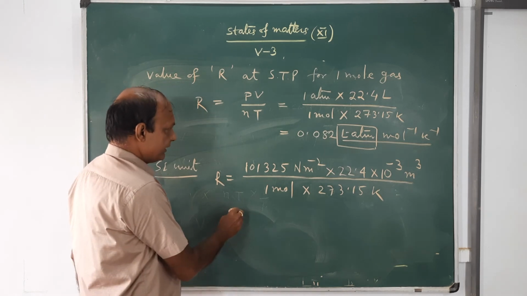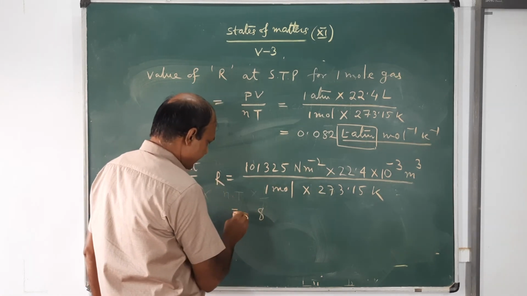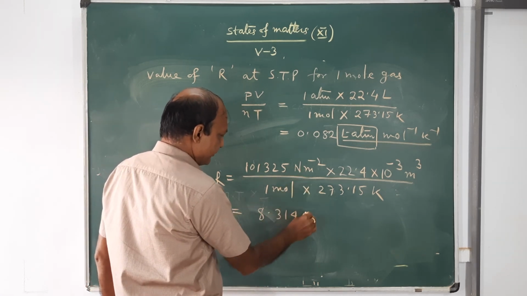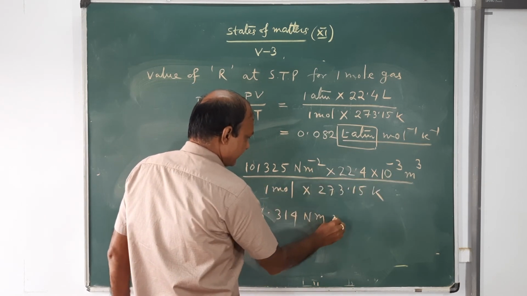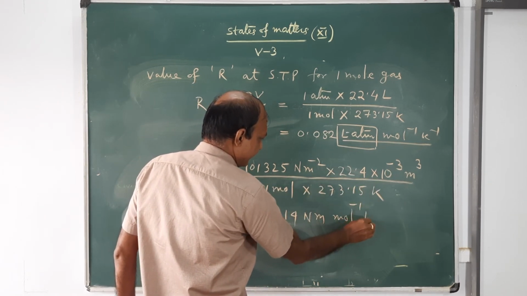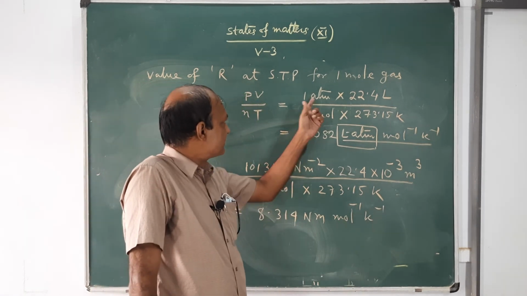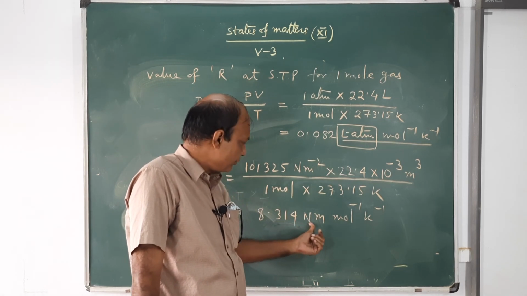If you calculate this, it will be rounded up to 8.314, and the unit left is Newton meter mole inverse Kelvin inverse. What I was saying is that PV, pressure volume, is an energy term. Look at the energy term, 8.314 Newton meter.